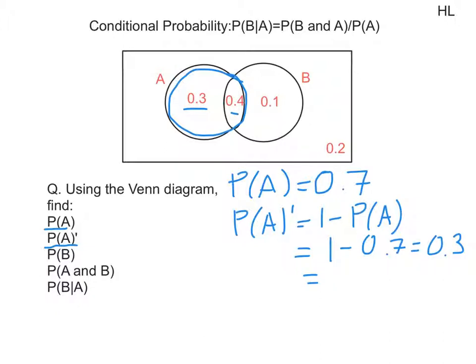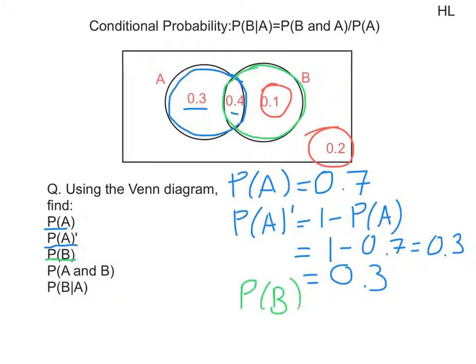We could have found it by looking at the probabilities not in A. In this case, 0.1 and 0.2, and adding up these 2 values to get our 0.3. Moving on, the probability of B is all of the probabilities in B. In this case, the probability of B is equal to 0.4 plus 0.1, which is 0.5.